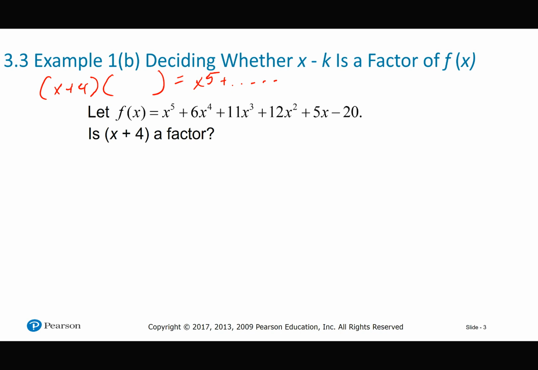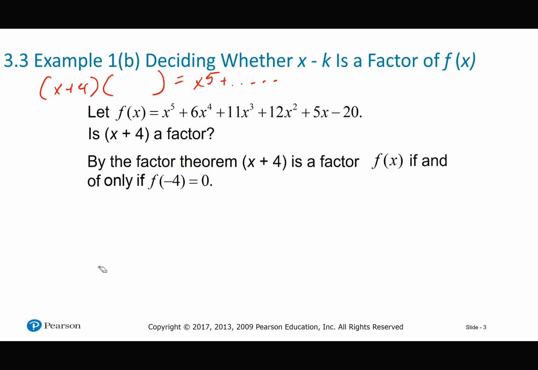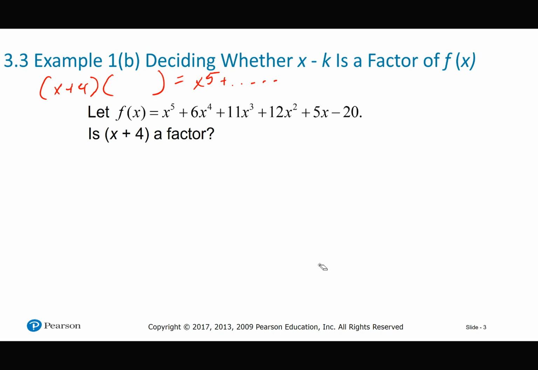So to figure out that something, we need to do our synthetic division. With our synthetic division, what am I going to put in our press box? If x plus 4 is a potential factor, in my press box I would actually put negative 4.